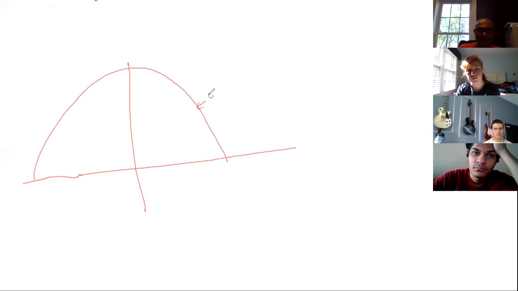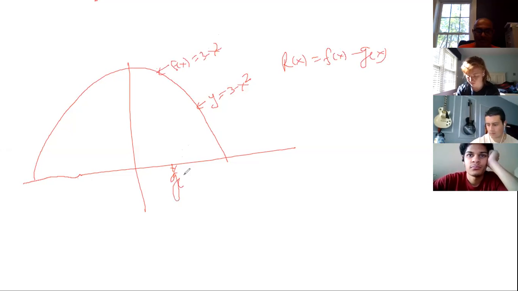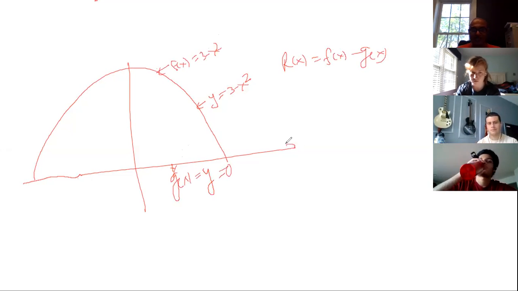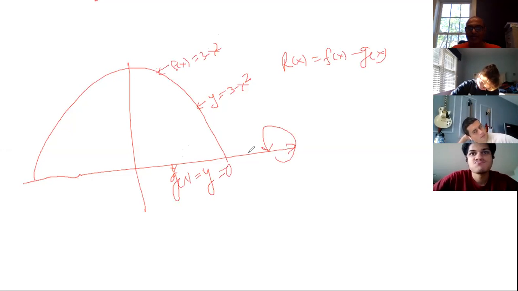And this one is y equal to 3 minus x square. And my Rx, whatever I told you, is equal to fx minus gx. Fx is this function, so here your fx is your y. So fx equal to 3 minus x square. And the bottom function is my gx. Gx equal to y equal to 0 because it is the x-axis. And this is my axis of revolution. This is the x-axis. Right, guys?